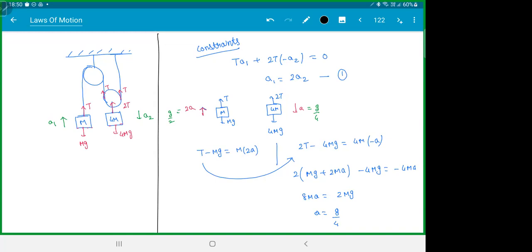See, when 4m stops, m need not stop. When 4m stops, m need not stop. Now, if you understand the meaning of the statement, 30 seconds more. Now try.